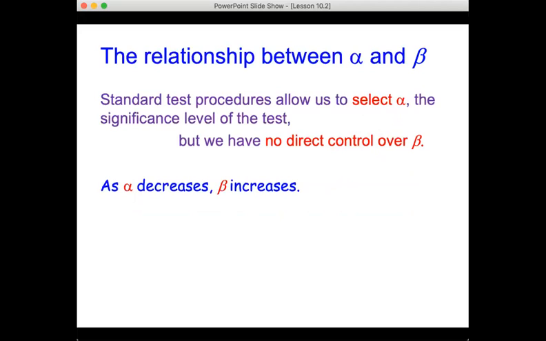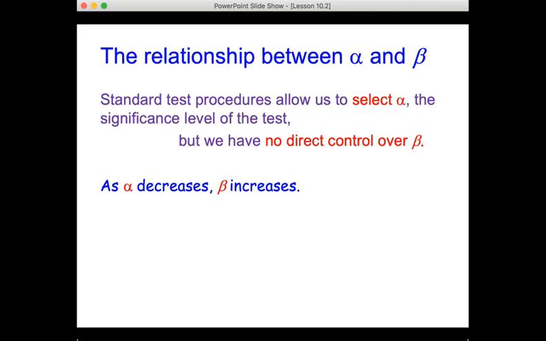As you lower alpha, beta goes up. So those of you who voted for type 1 error, you're good, you lowered alpha. There's a low chance of getting a type 1 error. But unfortunately, it means that you have a higher chance of getting a type 2 error. But since you said type 1 was worse, you might be okay with that.